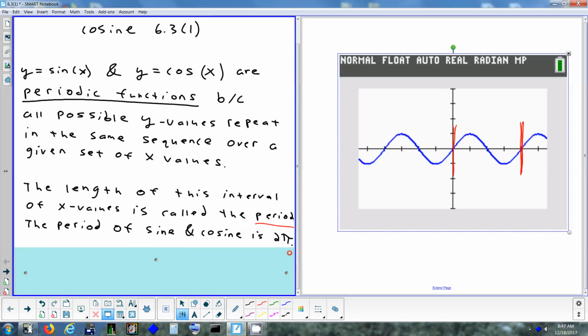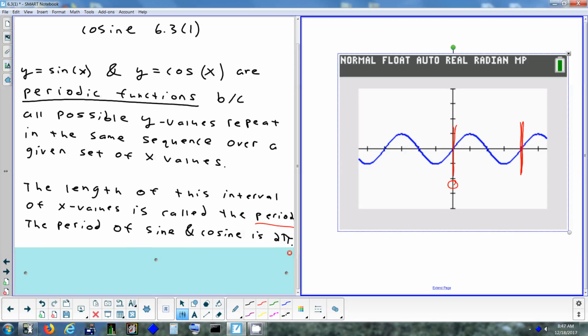So if you just leave the graph as the original, you don't shift it, you don't stretch it, you don't do anything to it, you have to go from 0 to 2 pi before the graph repeats itself. So the basic sine and the cosine function repeat themselves every 2 pi radians.